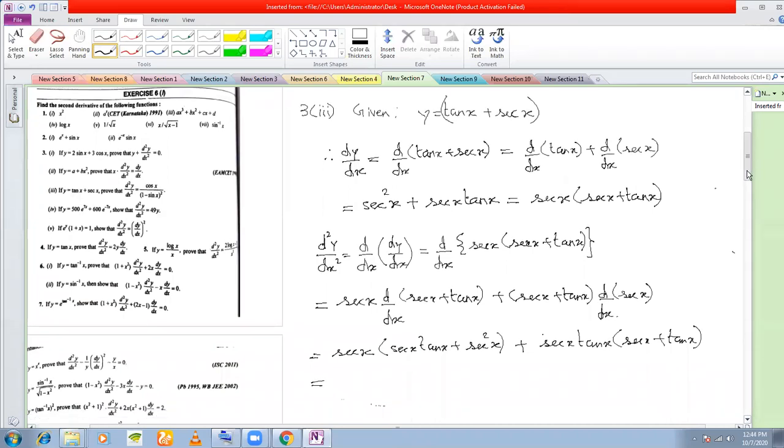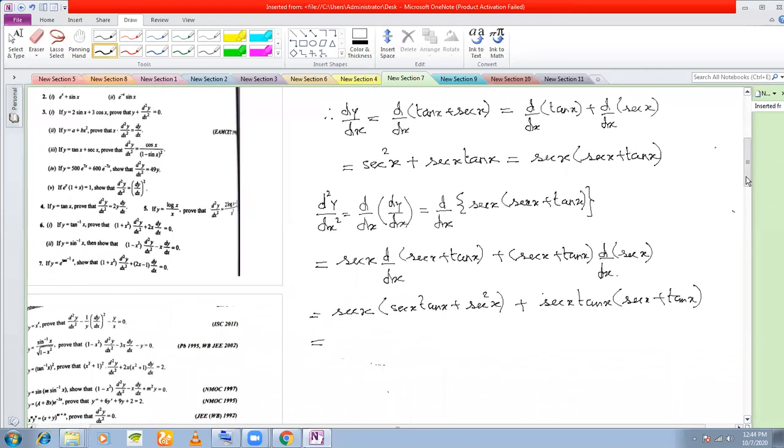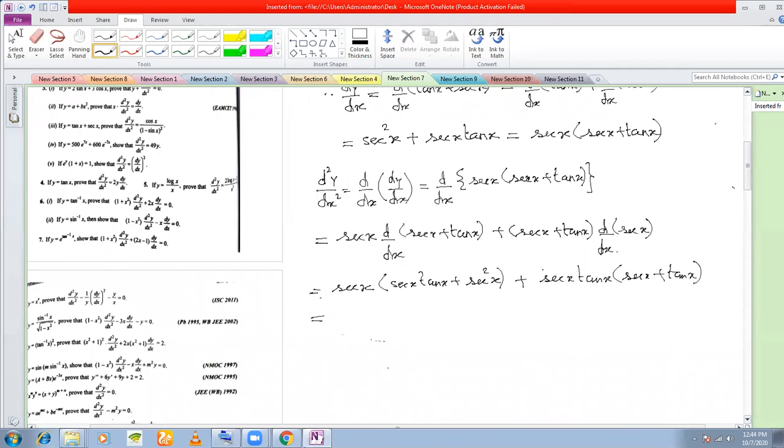Okay, so now this is your d2y/dx2. So you multiply everything, you get sec square x tan x plus sec cube x plus sec square x tan x plus sec x tan x.